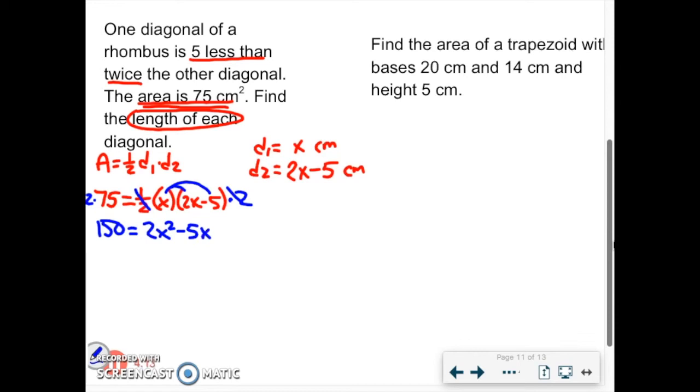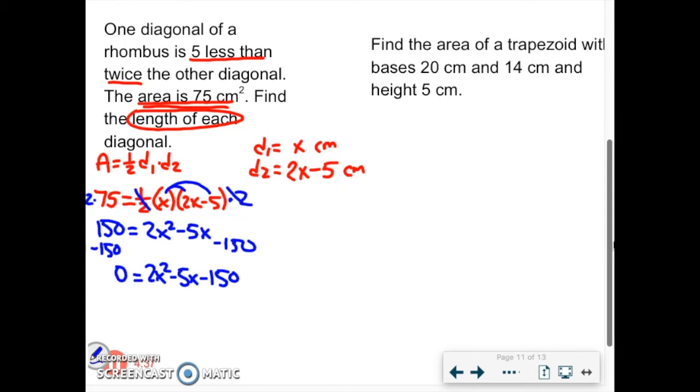Now I have an x squared, and we saw this a lot in prior chapters this semester. As soon as you get an x squared, you have to think about factoring or quadratic formula. Before we do any of that, we need to make one side 0. So I have 0 on one side, 2x squared minus 5x minus 150 on the other.